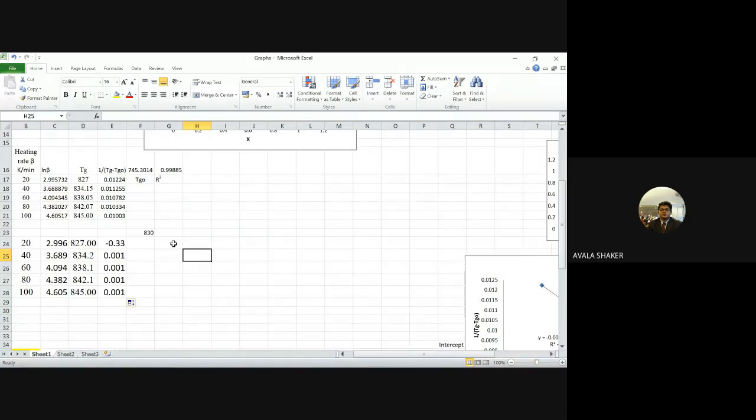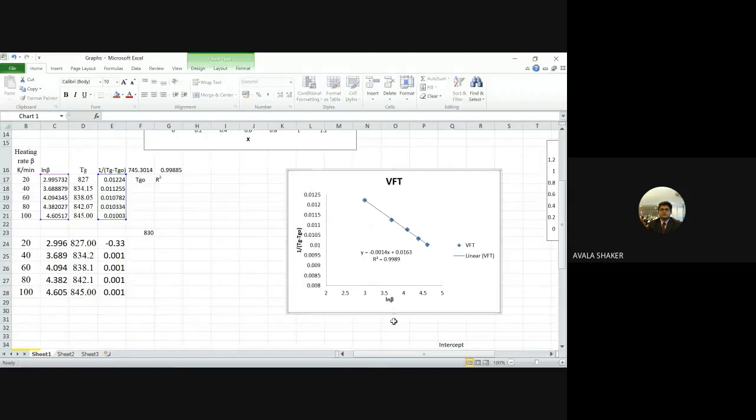Since I know this is a straight line, let me explain the regression value. This r square tells you the value can be between 0 and 1. 0 means it's not at all a fit, the fit is very bad. 1 means it is the best fit.